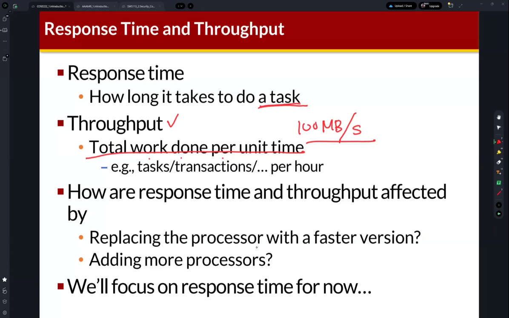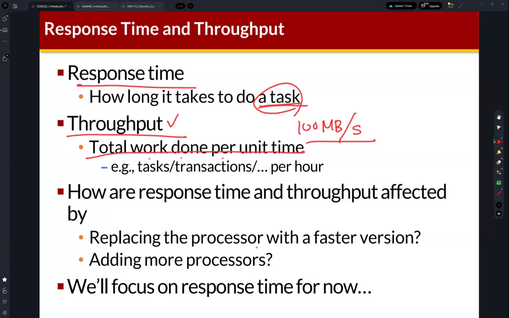So if we just focus on a certain task, we can measure the response time. If we just focus on the amount of work, then we can measure the throughput. So you need to understand the definition of these two terms, response time and throughput. Sometimes we can focus on the response time. In what case?